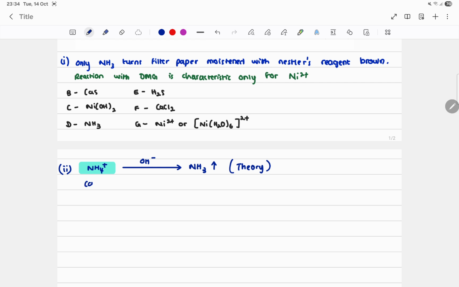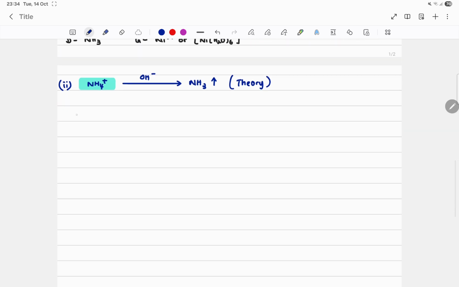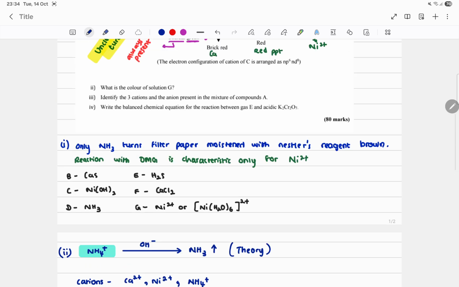So calcium 2 plus, this is the theory. Then the cations will be Ca2 plus, Ni2 plus, and NH4 plus. For anions, we have only S2 minus.